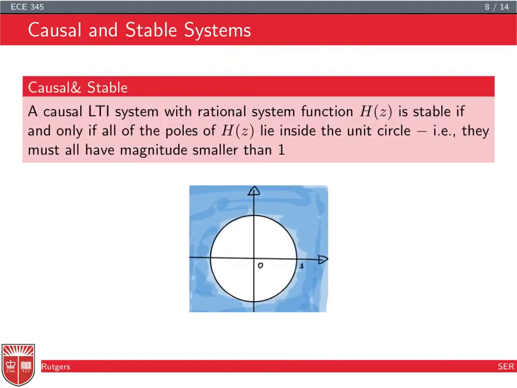This brings us to a useful criterion for determining whether an LTI system is causal and stable. From the previous discussion we can say that a system is causal and stable if all the poles of H(z) lie inside the unit circle, meaning they all must have a magnitude less than 1.